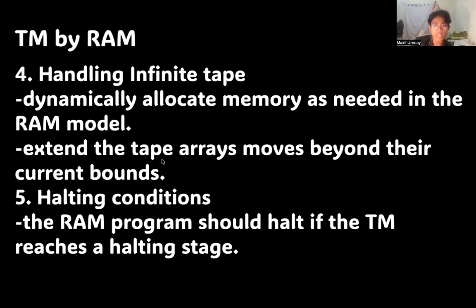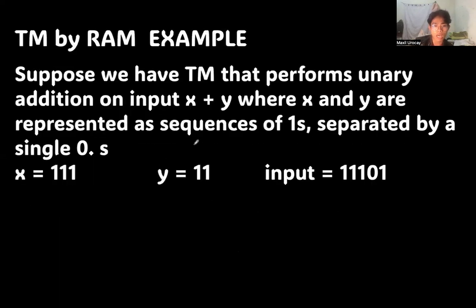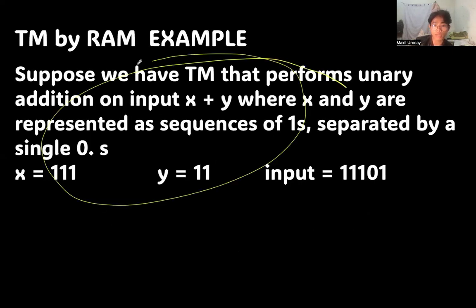So first, let's have an example. Suppose we have a Turing machine that performs unary addition on input x plus y, where x and y are represented as sequences of 1s separated by a single 0.